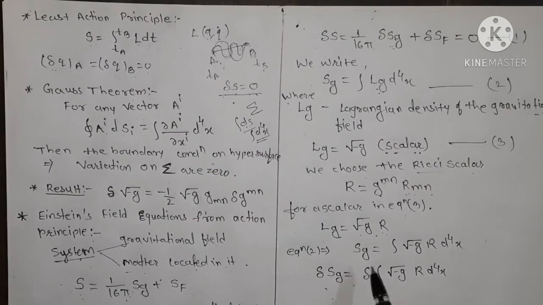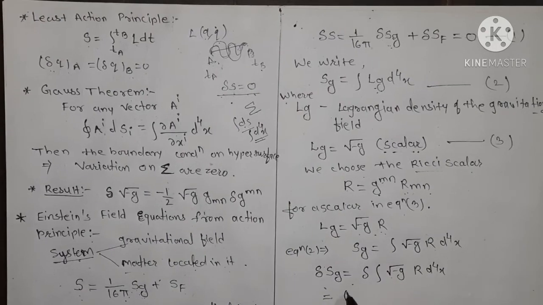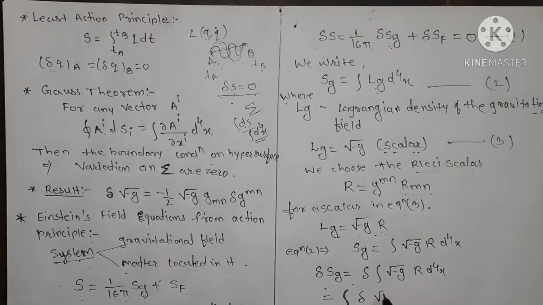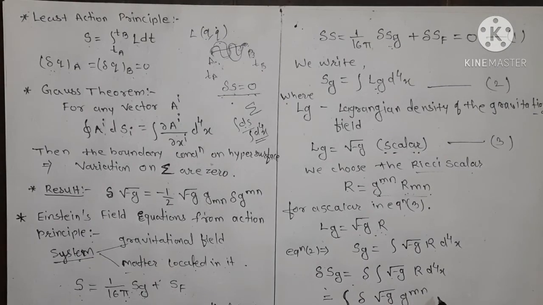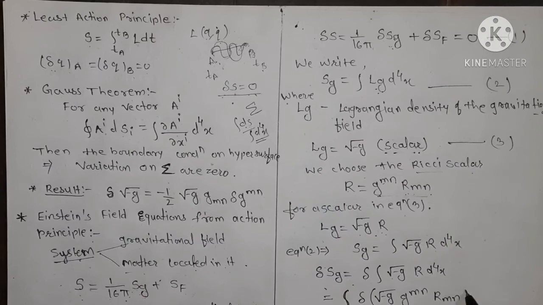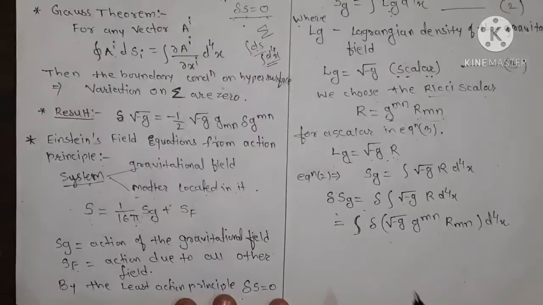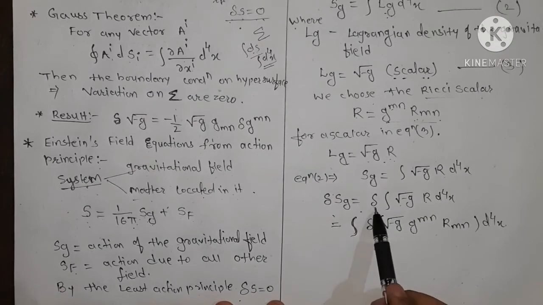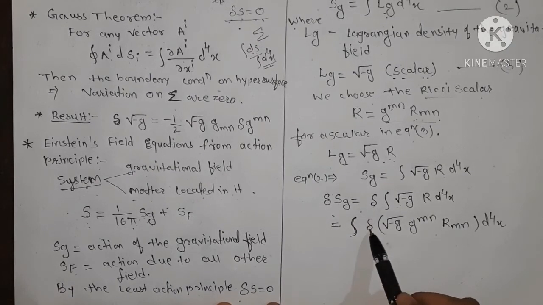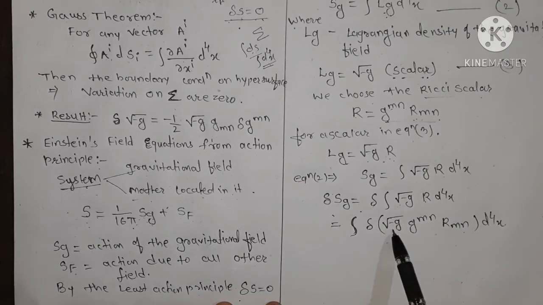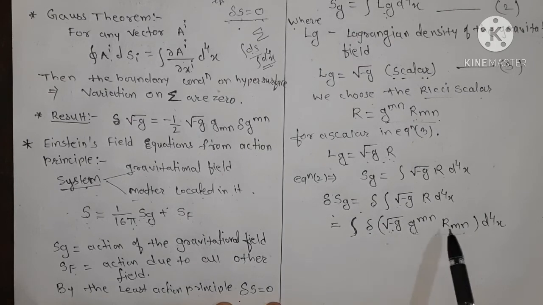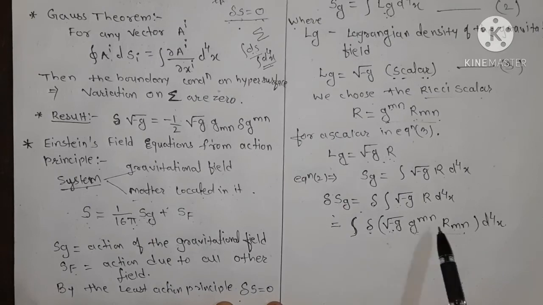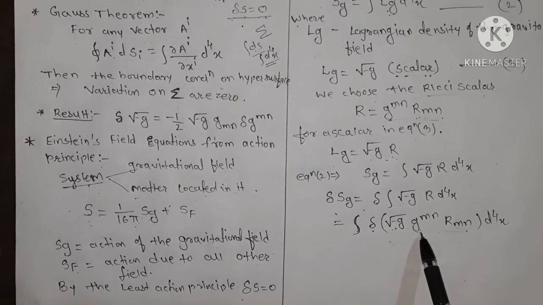For calculating this integral, we take the delta inside the integral, so this is equal to the integral of delta acting on under root of minus g, g upper mn, and Rmn, d4x. Since delta is nothing but our derivative, we take the derivative of the first term and take the other two as constant, then the derivative of the second with the first and third constant, plus the derivative of the third with the first and second constant.